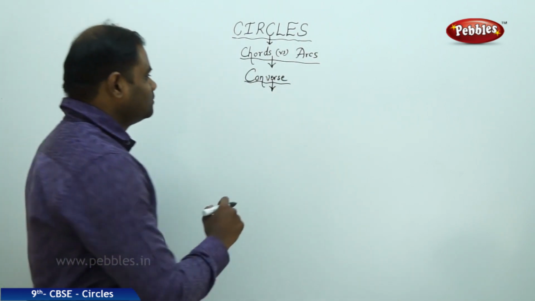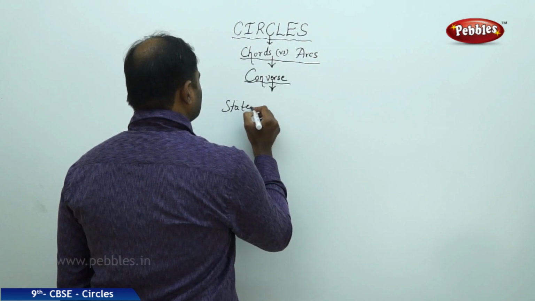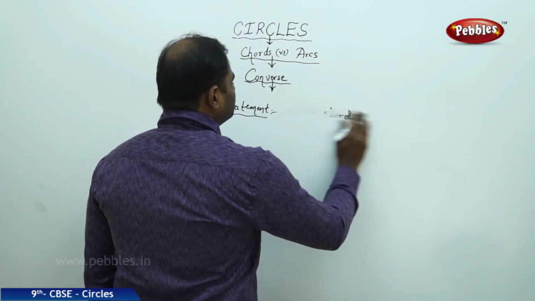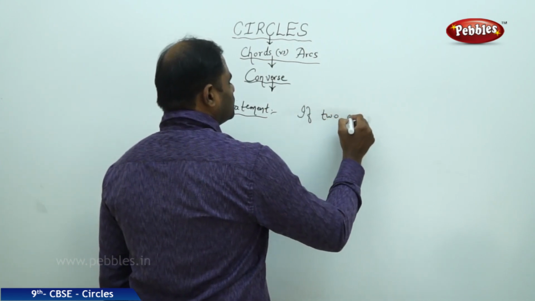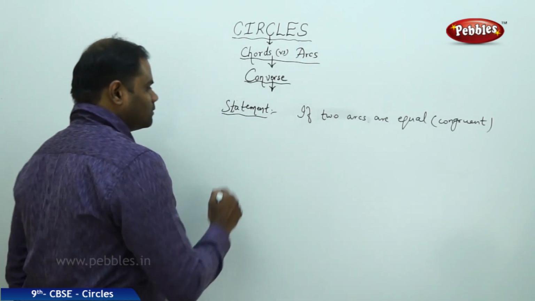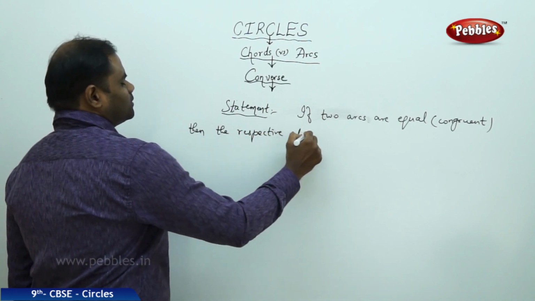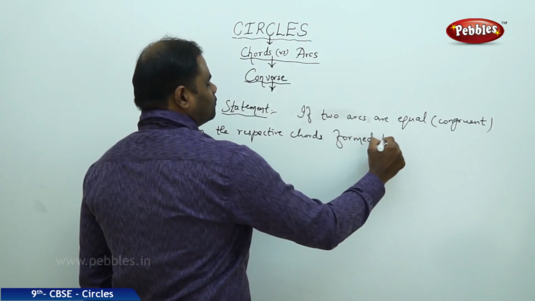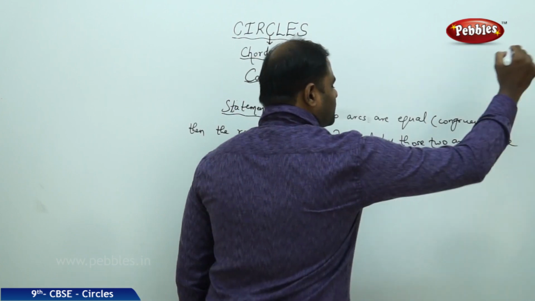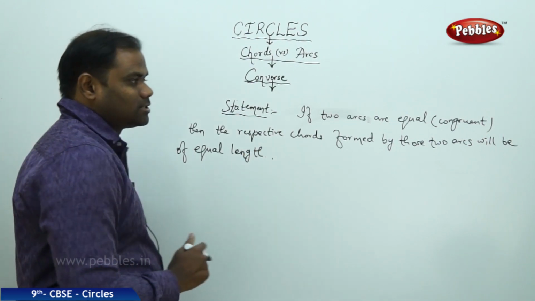So let's see the converse. Statement: if two arcs are equal, more importantly, if they are congruent, then the respective chords formed by those two arcs will be of equal length, is how we understand the statement.